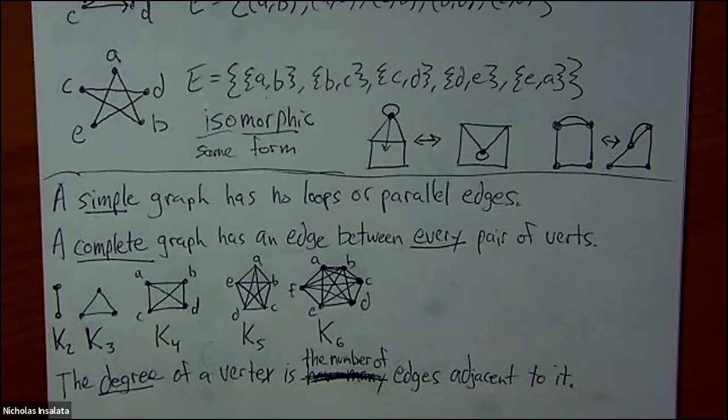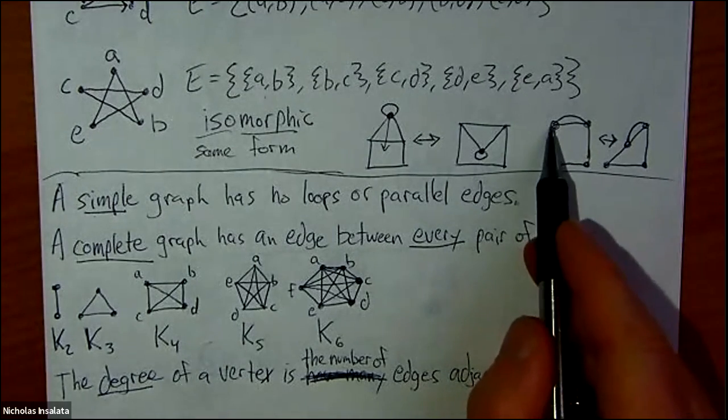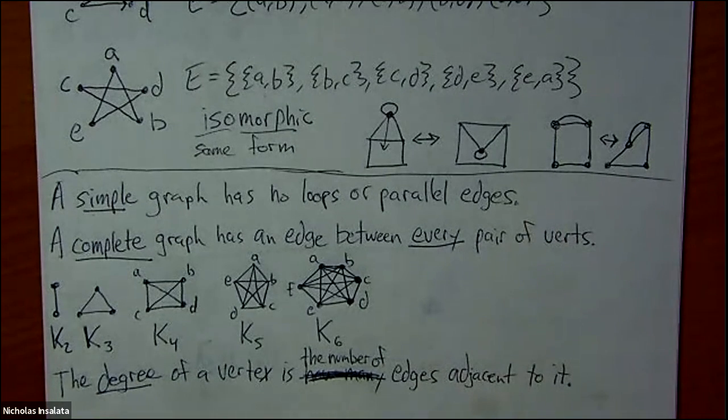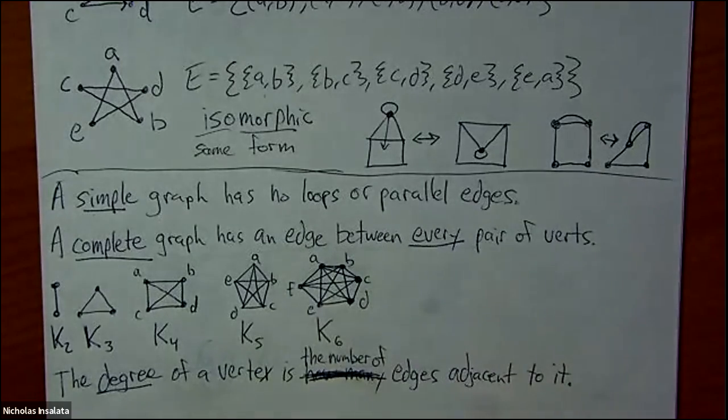I don't think that one would have parallel edges though, right? Because if something relates to something else, you just draw one arrow. You would never draw 2 arrows that go from one thing to the other because you only need one to represent it, right? So a relation arrow diagram would have loops, but it would not have parallel edges. You can think of something else that maybe does have parallel edges.